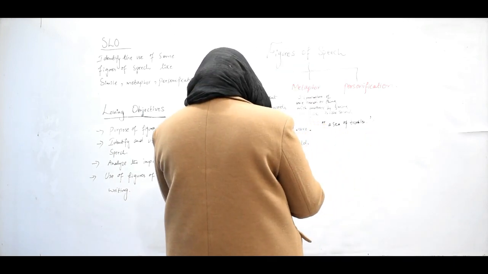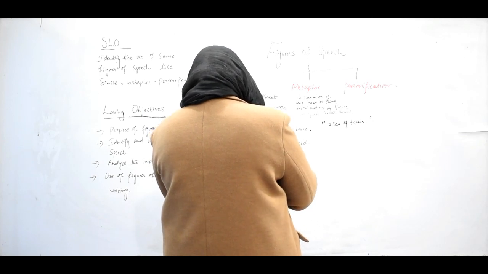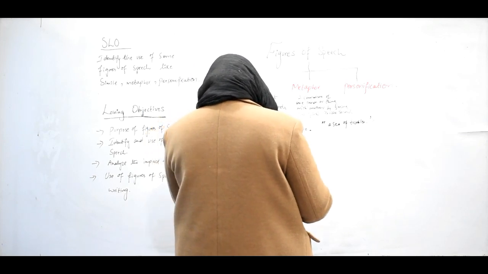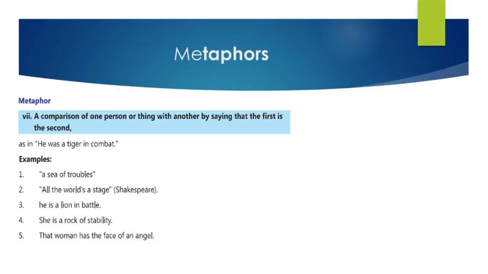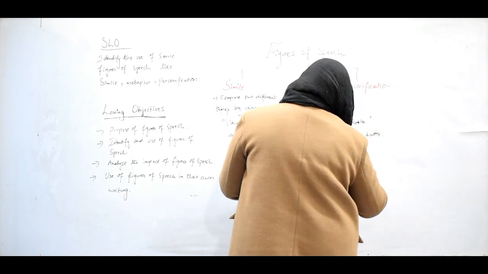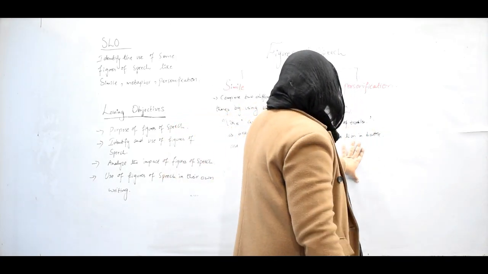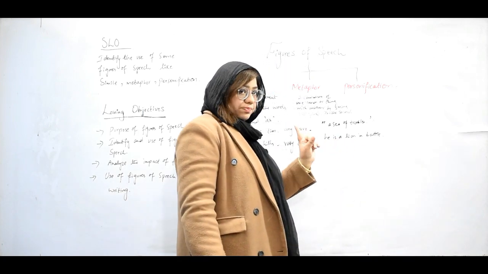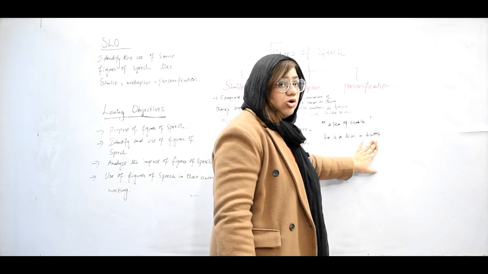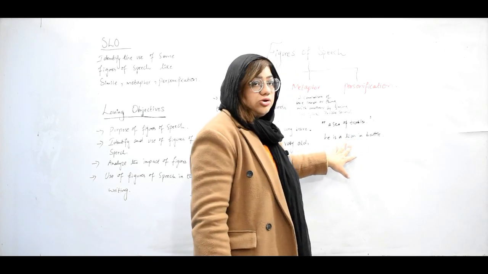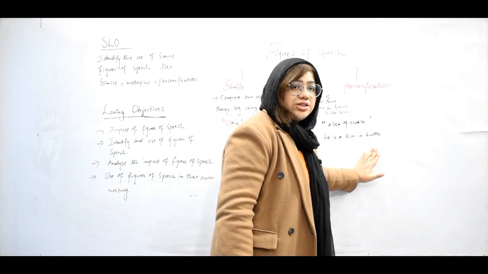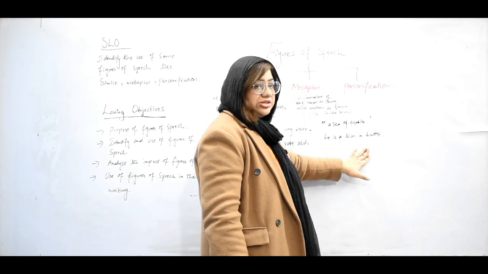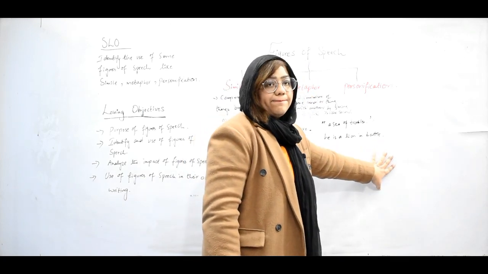I'm going to give you more examples. As you can see in the slides, he is a lion in battle. Now you can see that we are comparing one person with a lion, because we know that the lion is brave. So we are comparing his quality with a brave lion, that he is like a lion in battle.